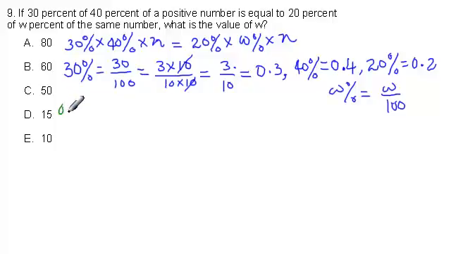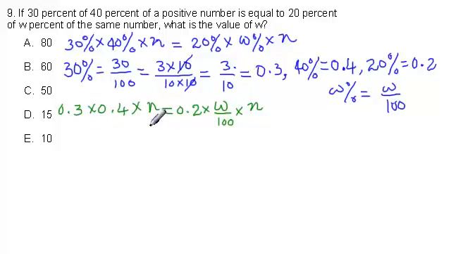Then the equation becomes 0.3 times 0.4 times n, and this one will be 0.2 times W over 100 times n. Now this is the equation where we have to solve for W.